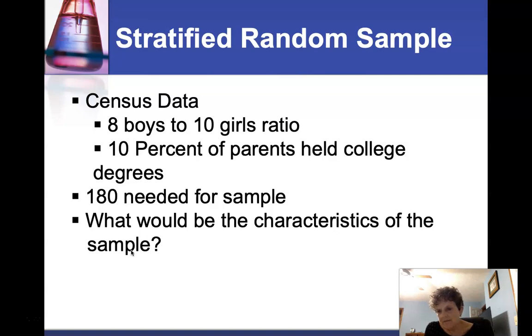We have 8 boys to every 10 girls. So if we have 100 girls, obviously we have 80 left, so it's got to be the boys. And then you take the 80 times 10%, and you have 8 parents with college degrees. So this is another type of a stratified random sample.